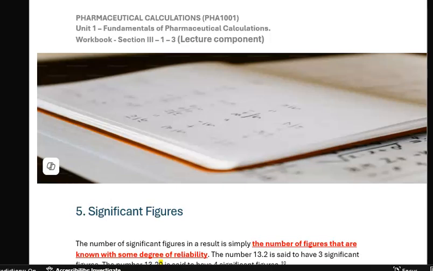And why are we doing the screening assessment? These are all foundation mathematical principles that you should have grasped confidently with 100% accuracy before you really can move on to the more advanced topics, which are really a part of the syllabus for pharmaceutical calculation.